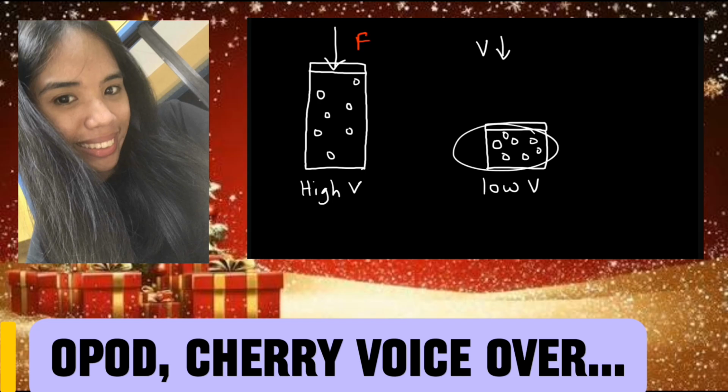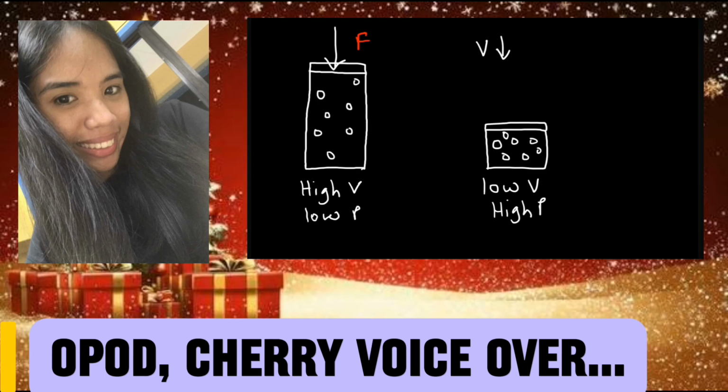Here, all the particles are bunched up together. There's not much space between the particles, so they collide with the container more frequently. It turns out that the gas pressure is proportional to the number of collisions. Therefore, the pressure is higher in this container, and lower in that container.